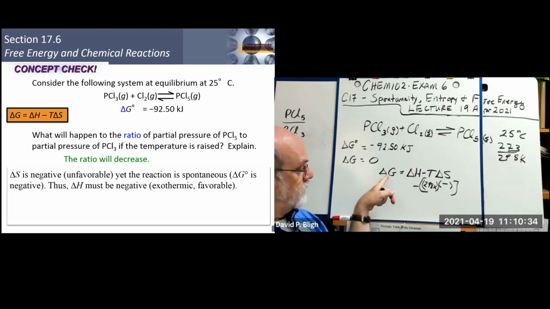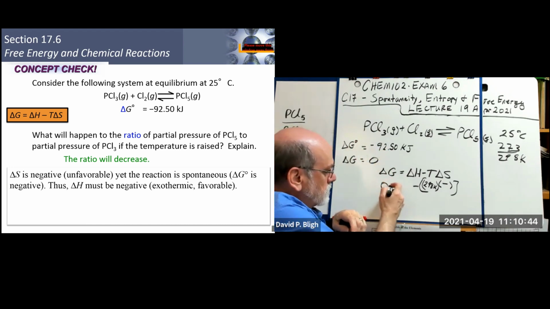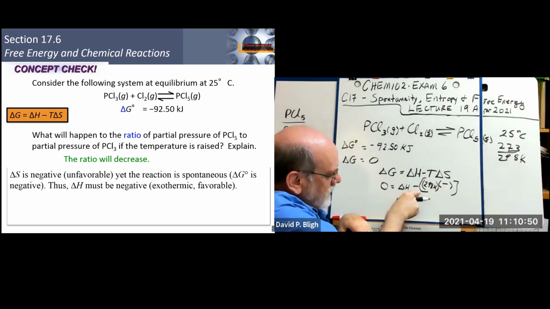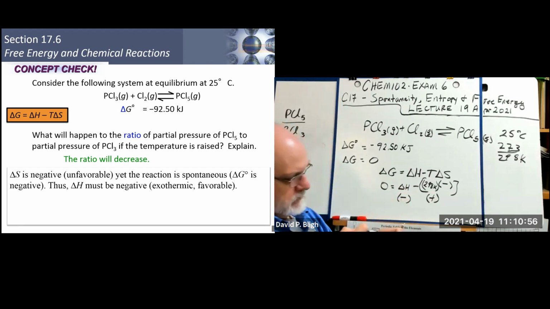If we're at equilibrium, that is 0. Delta G is 0. So if this is a negative times a positive, then this one has to be negative. Correct?